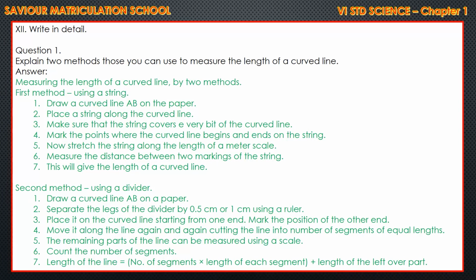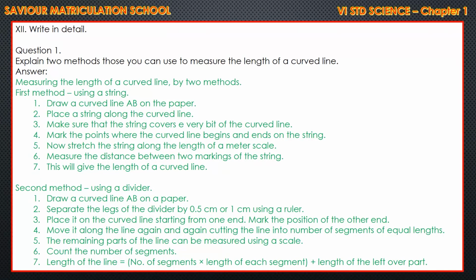Then the second method is using a divider. Draw a curved line AB on a paper. Separate the legs of the divider by 0.5 centimeter or 1 centimeter using a ruler. Place it on the curved line starting from one end and mark the position of the other end.